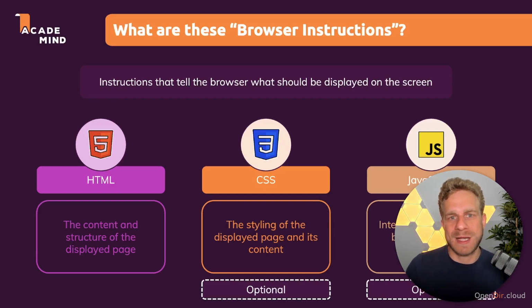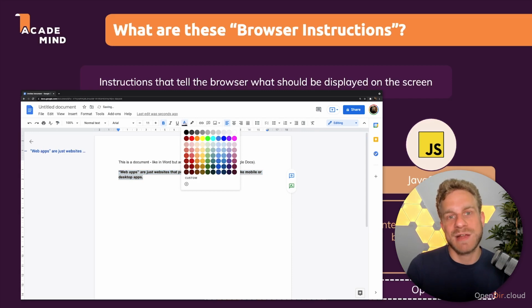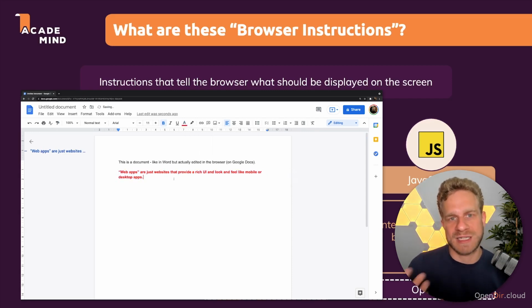Whenever you have websites which have a lot of interactivity built in, where things change a lot and so on, JavaScript is involved. If you think about more complex websites like Google Docs or Google Sheets, which is basically a website that gives you Microsoft Word-like functionality in the browser, then this is still a regular website built with these languages, but we have a lot of interactivity in there.